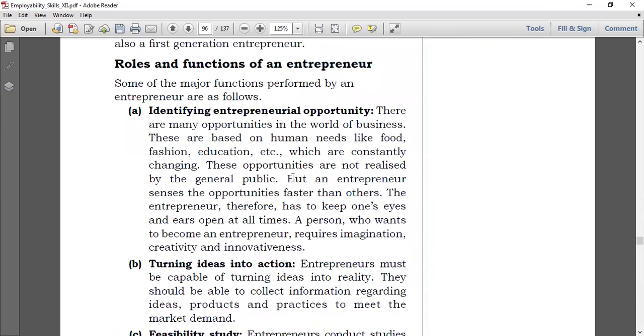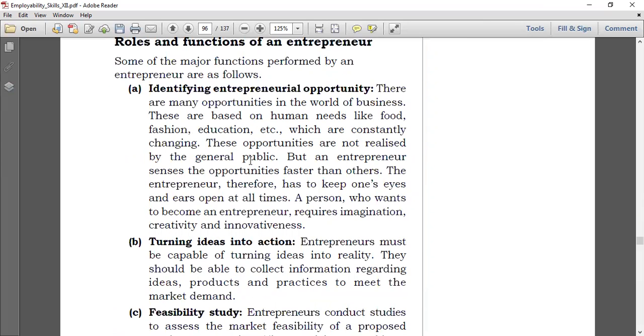Then, talking about roles and functions of entrepreneurs, what are the things which an entrepreneur should perform? Major functions performed by an entrepreneur. Identifying entrepreneurial opportunities. These are the opportunities in the world of business, right?